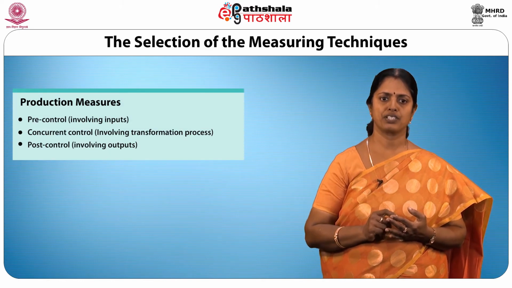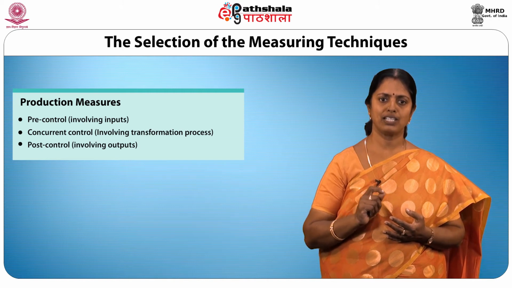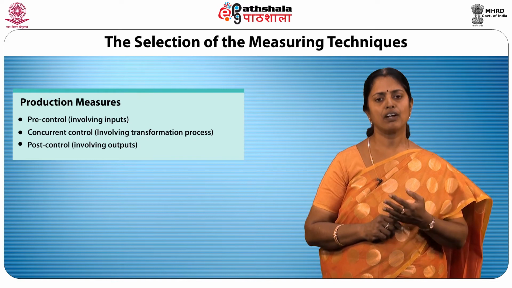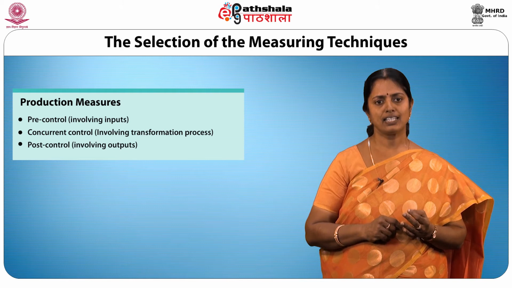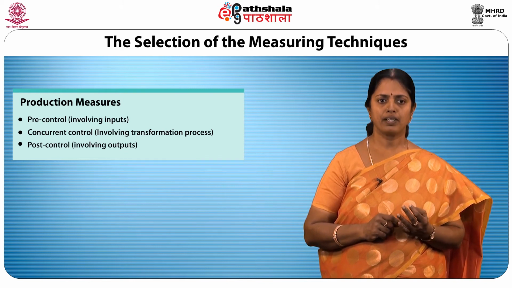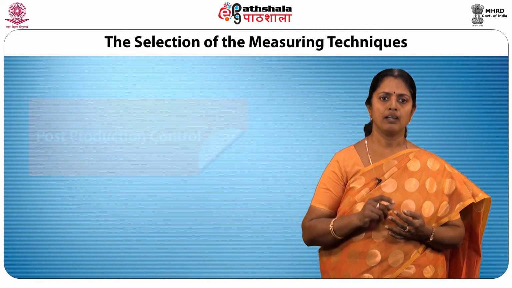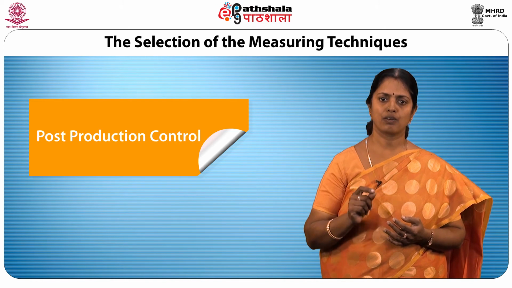Coming to production measures. There are many measures that can be used to evaluate the outcomes of activities related to the production function. These broad categories of control standards and measures involve three types of control: pre-control, concurrent control, and post-control. Pre-control production measure is called feed-forward control.